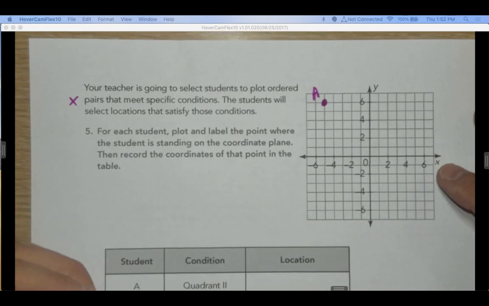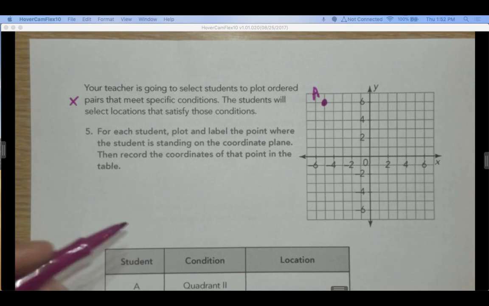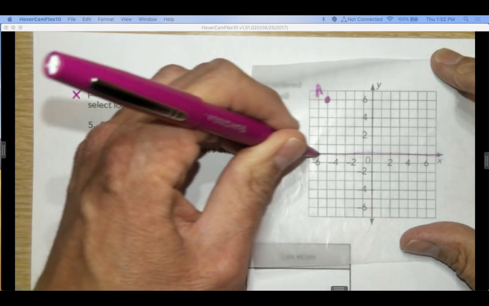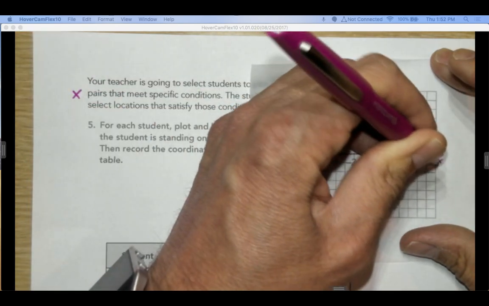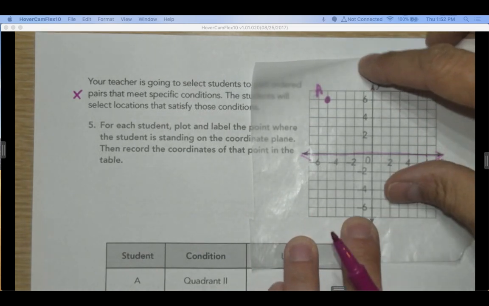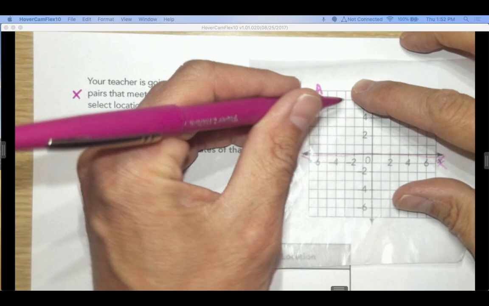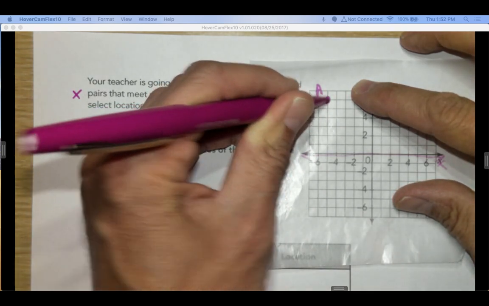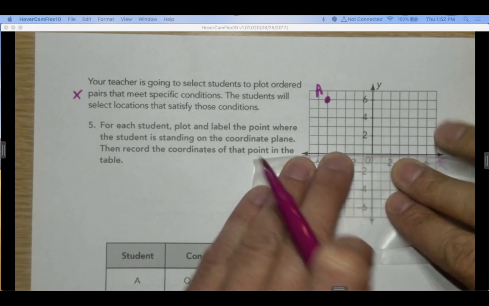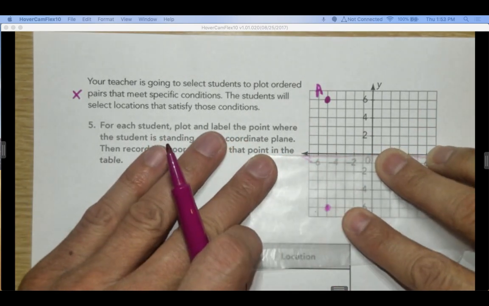Now, B says it is a reflection of A across the x-axis. So if I'm thinking about this, here is A, here is the x-axis. I can see the x there, so I know it's the x-axis. It's a reflection of A across the x-axis means if I'm taking it, I am going down with it until it gets to that other point.